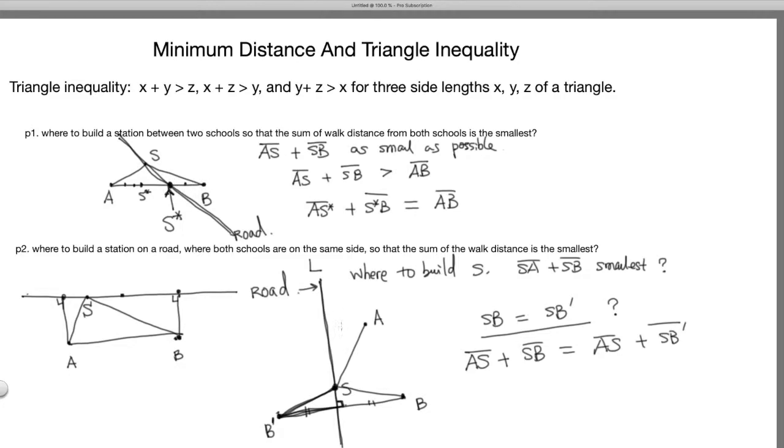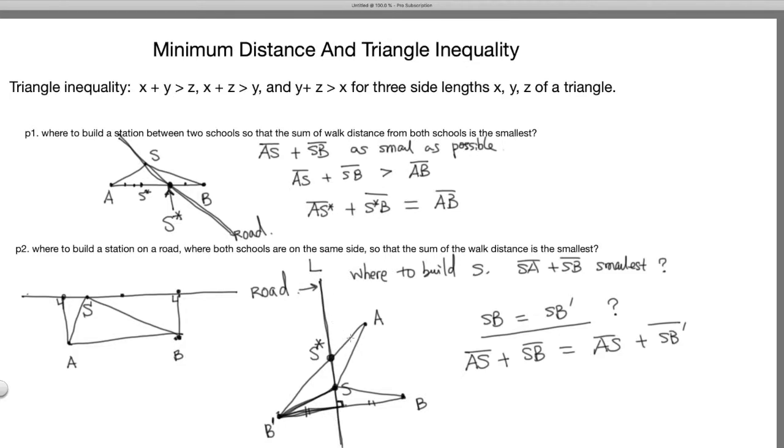Is the cross point. So really what I should do is connect A to B prime and cross with the road L, this is the optimal point.